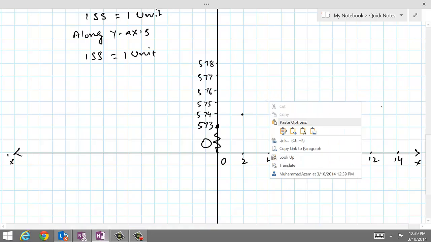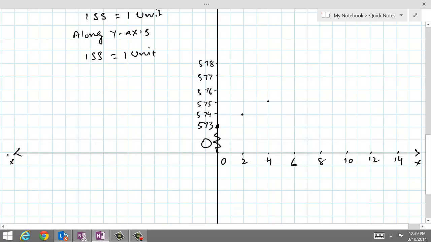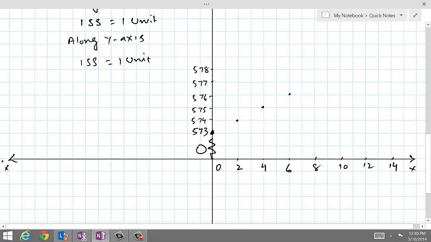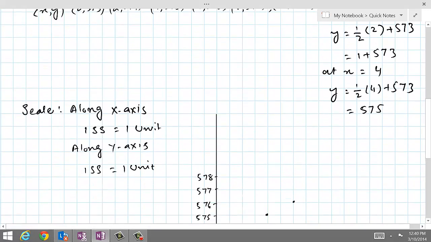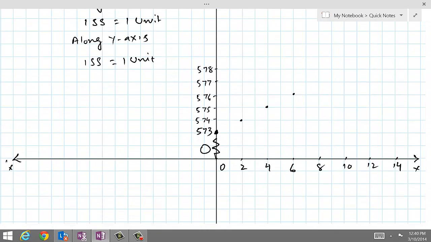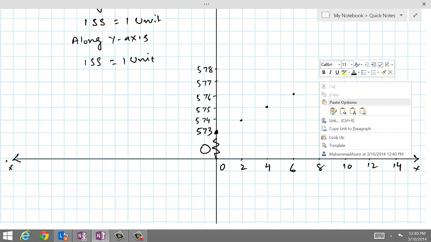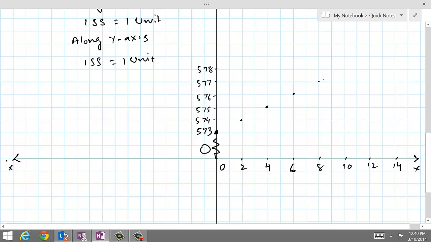And you can see that all the points are getting in one linear shape. So at 6, it is 576. And now similarly at 8, it should be 577.